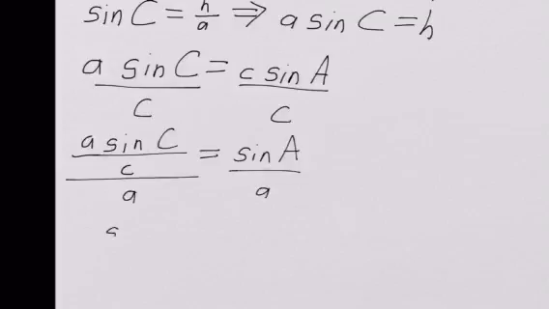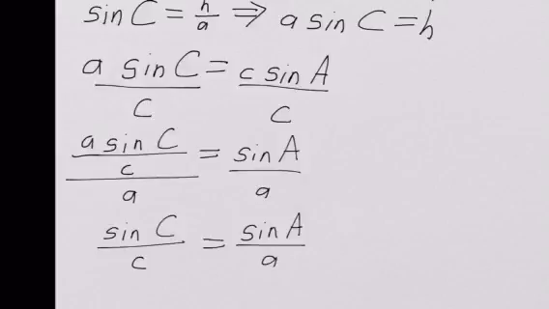So that'll give me sine of C over c is equal to sine of A over a.